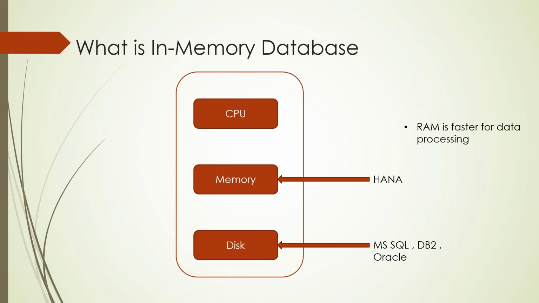Why did SAP choose memory for storing the data? Because memory is getting cheaper day by day, and it is faster than disk, and it is also faster for data processing. RAM is 100,000 times faster than a disk.